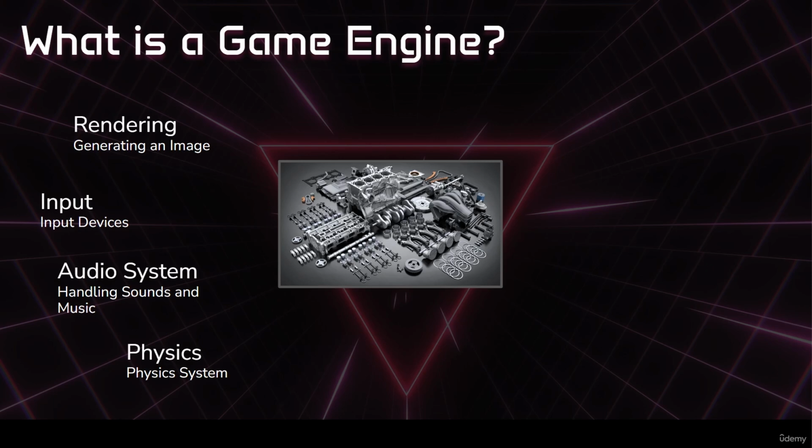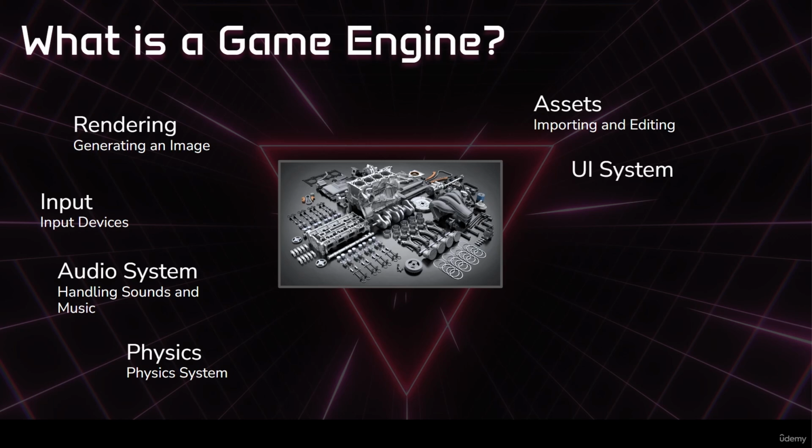Speaking of objects, the game engine needs a way to handle assets: 2D textures and images, 3D objects, which we refer to as meshes, sounds and music, animations. These are all assets that need to be imported into the game engine, and there needs to be a system to handle those files so they can be used in the game. Games almost always have buttons, progress bars, menus, and inventory systems, and these are all part of a game's UI, or user interface.